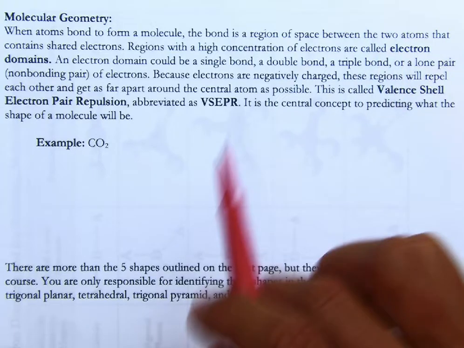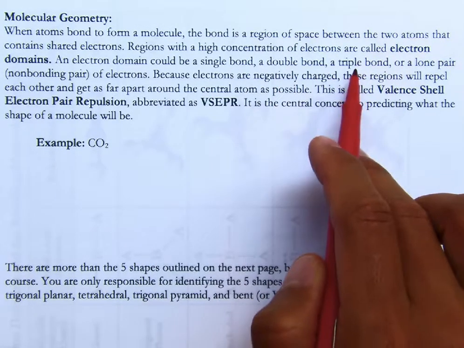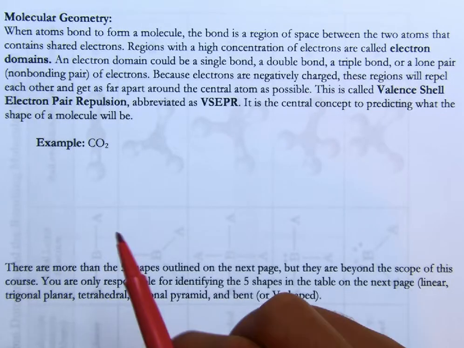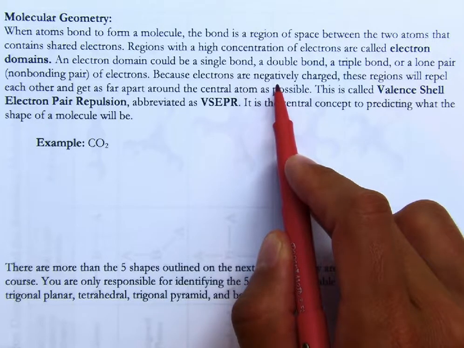An electron domain could be a single bond, a double bond, a triple bond, or a lone pair of electrons, meaning a non-bonding pair of electrons. Any of those would be considered one electron domain. Electrons have a negative charge, and like charges repel, opposite charges attract.